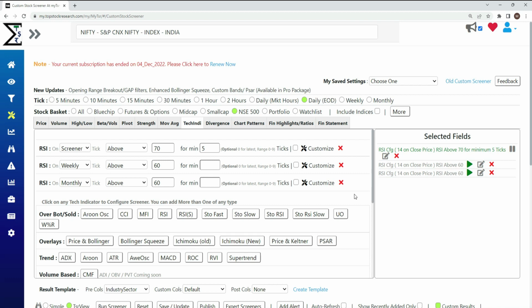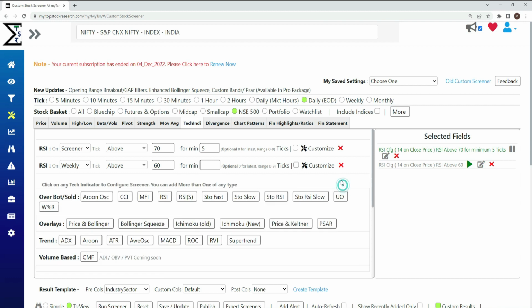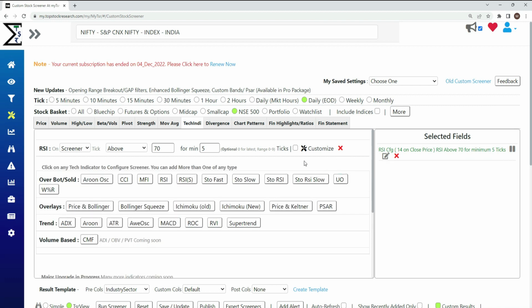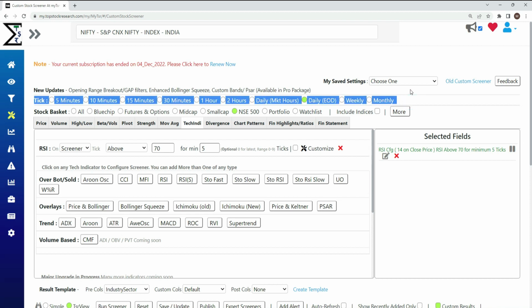What is the meaning of tick? Suppose if we select 9, that is the stock showing in between 0 to 9 periods. Let me close this to make it a little clearer. So what do we mean by tick? The tick here is the screener tick, which is the same as the primary tick. This is the primary tick that you are interested in.